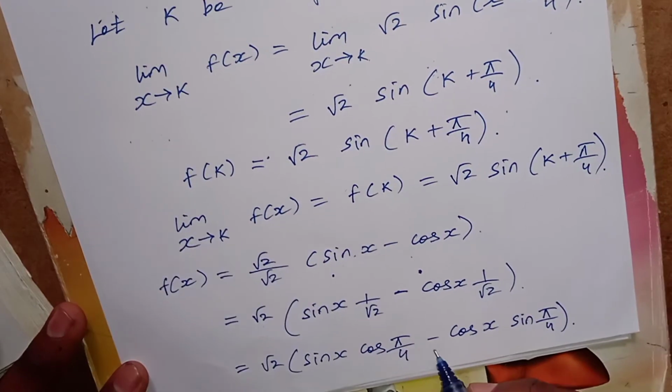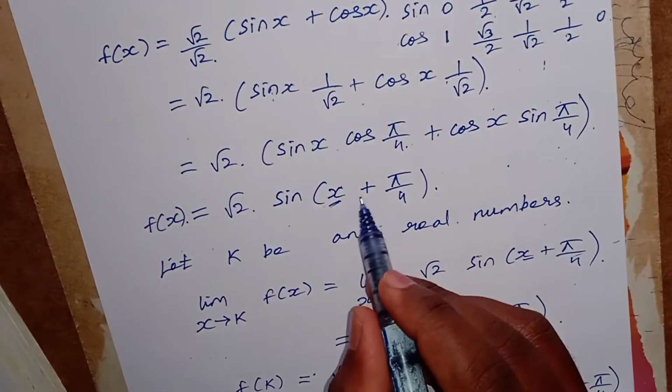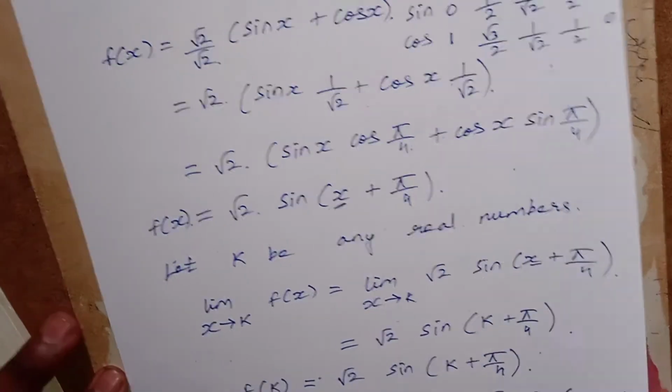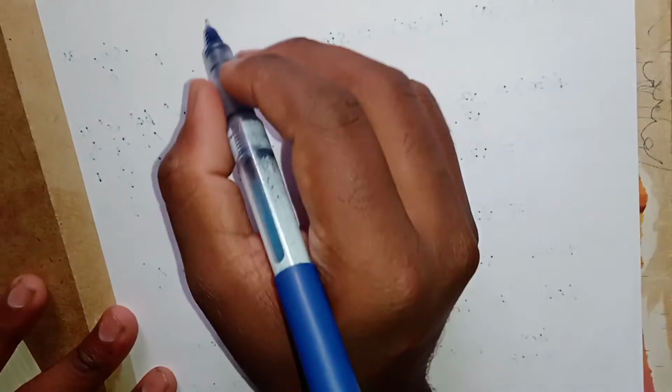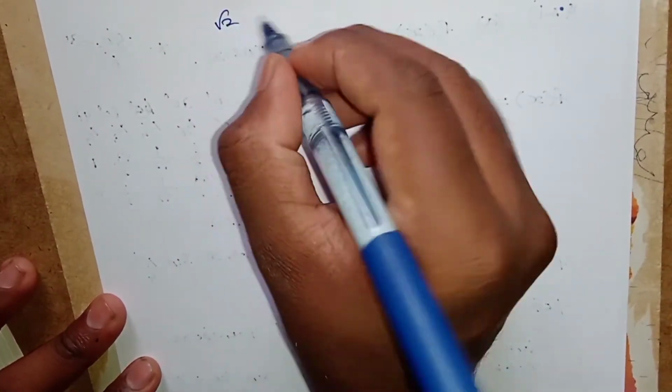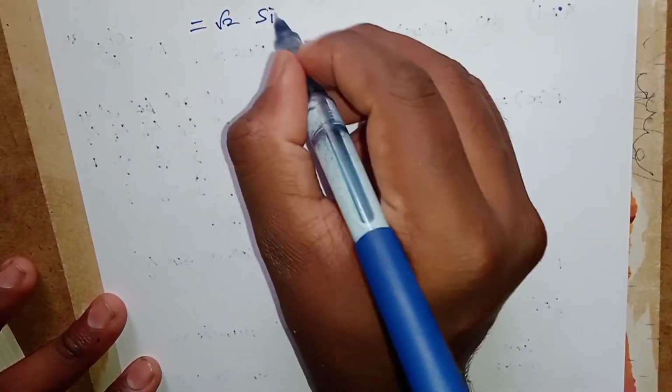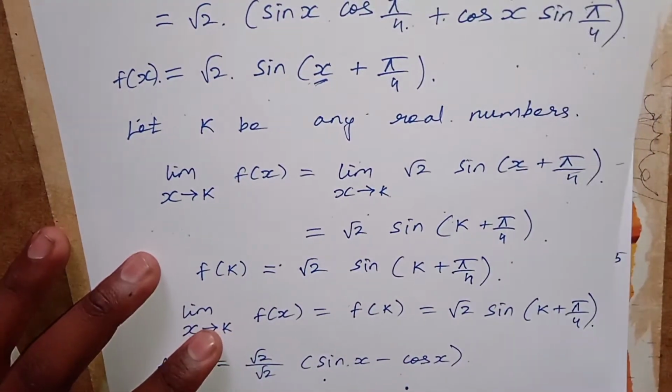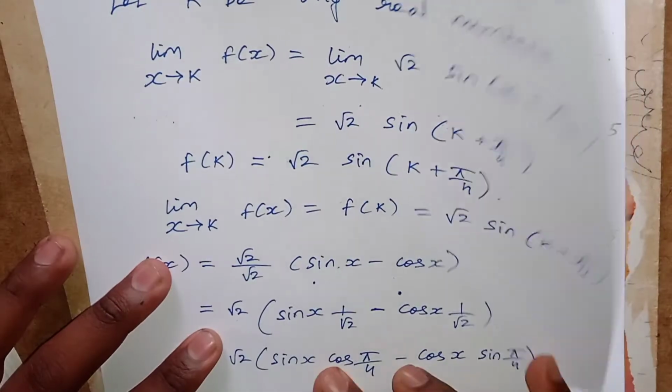Sin A cos B minus cos A sin B formula, in the place of plus you have to substitute minus. Therefore root 2 sin A minus B, where x is my A. Root 2 sin x minus pi by 4.